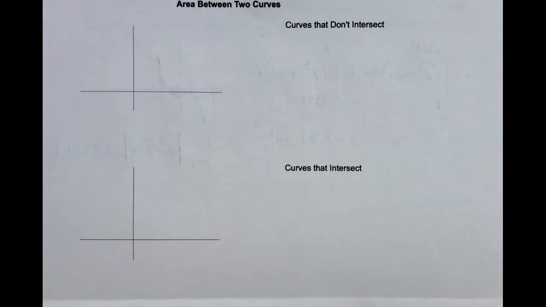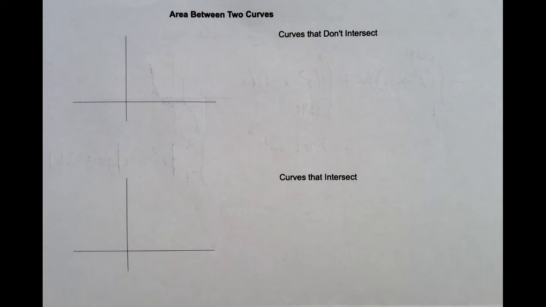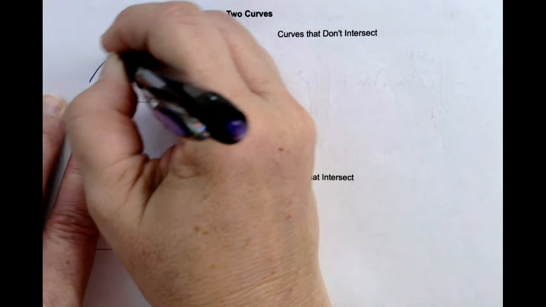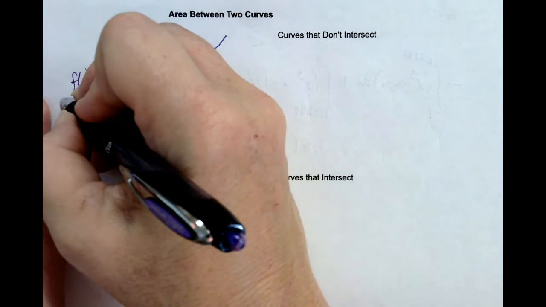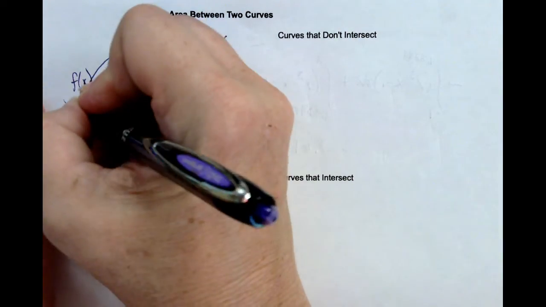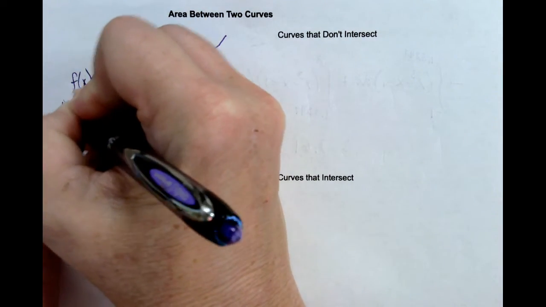Okay, so let's say we have two functions. We have two curves, okay? And this one I'm going to call f of x, and this one I'm going to call g of x, okay?